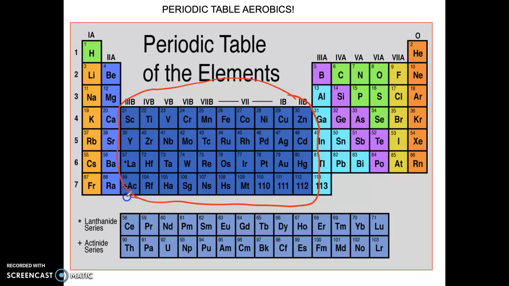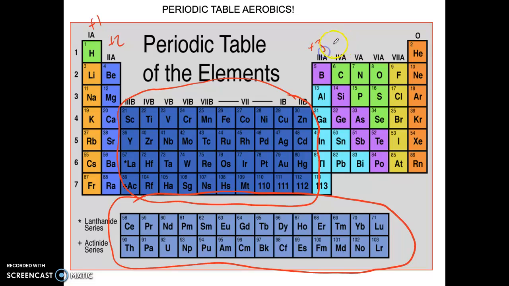And we're talking about the elements that are here, those ones that I said we were going to leave alone for a bit. Okay. These are trickier because they don't follow this same pattern of the +1, +2, +3, +4, -4, -3, -2, -1. Okay, they can have different charges, and so we're going to use Roman numerals.